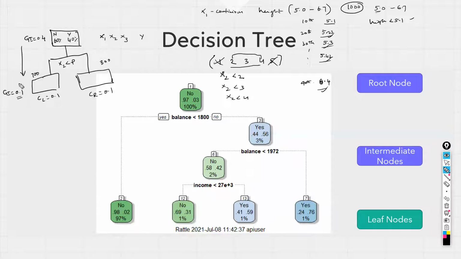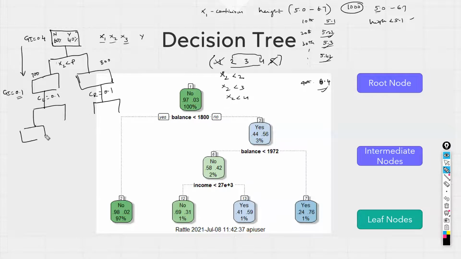If this is the best decrease among all the three variables that are available, then this will make the first level split. Once this is done, that's not the end of it. We will recursively apply this on each node. Then this one becomes a parent node. This one becomes another parent node.